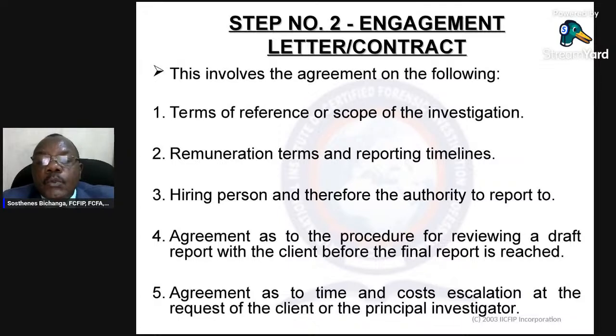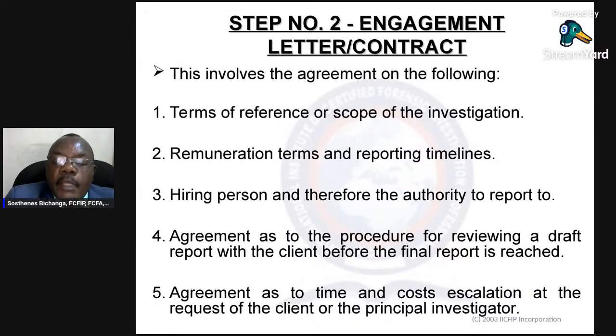By this time, we know what is required. We know the objectives of the client. We have a rough estimate of the costs that will be involved. We know the extent of the investigation.